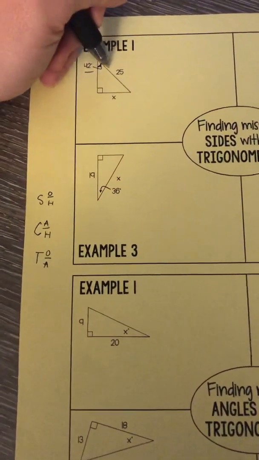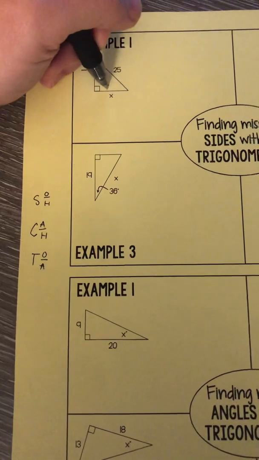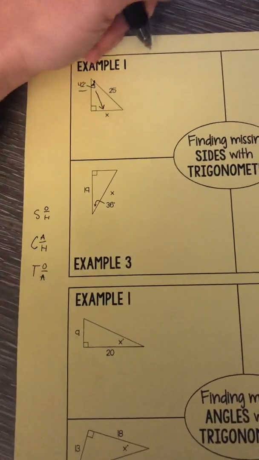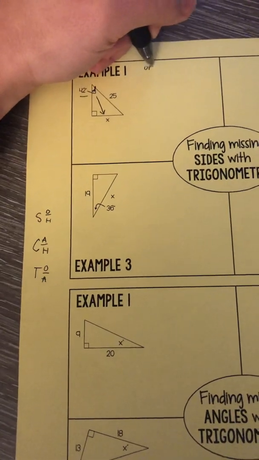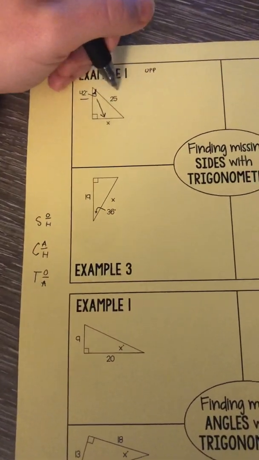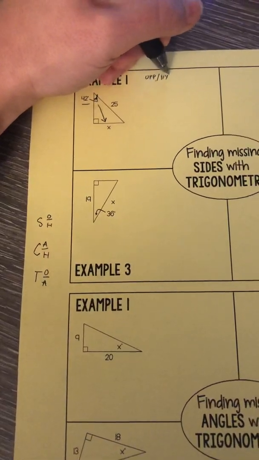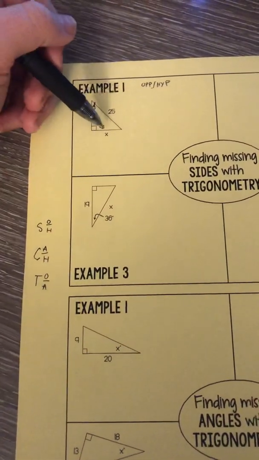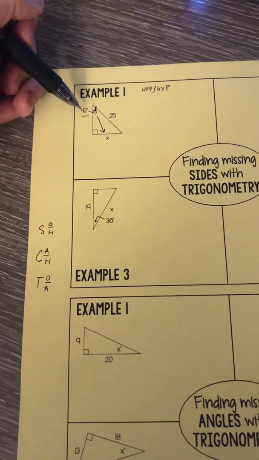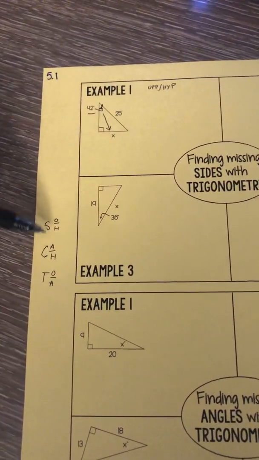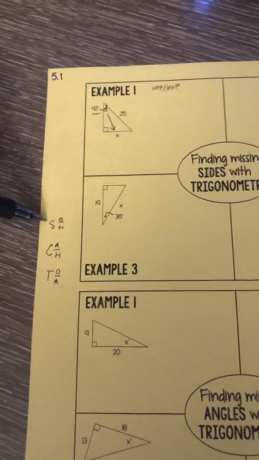So the opposite side length is going to be x. It looks like they give us opposite is what we're looking for, and then we have the hypotenuse. If all I'm given to work with for this degree of 42 is the opposite and the hypotenuse, the only thing I'm going to be able to use is sine.